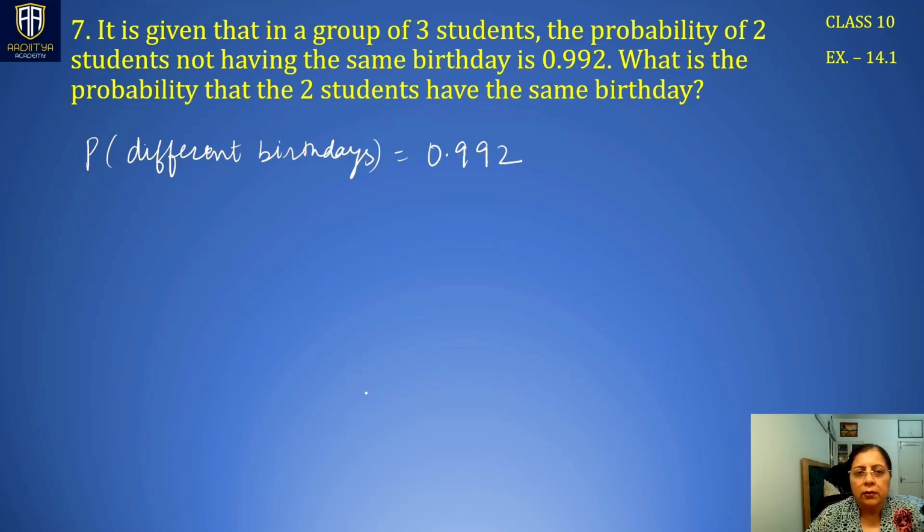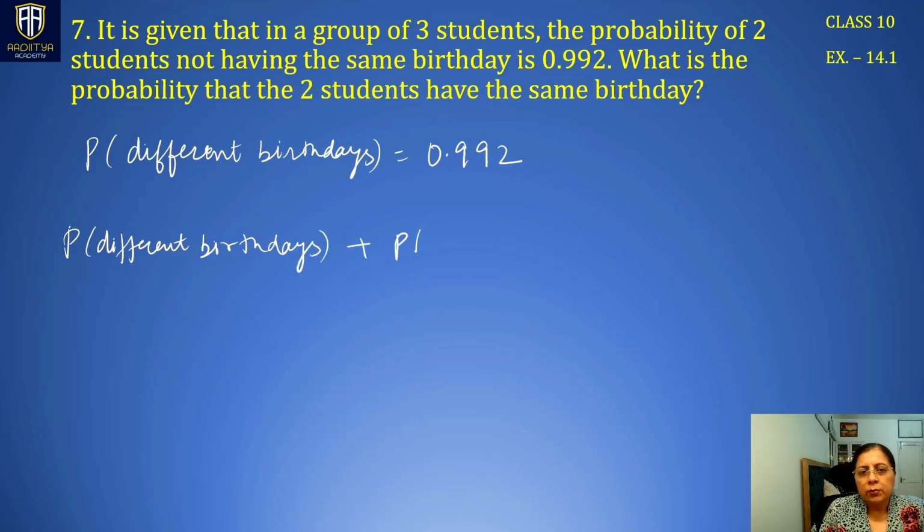Now here we have not been given the exact probabilities of having the same birthday for any 2 or random 2. So the different birthdays probability is 0.992. You can see that the probability of different birthdays and same birthdays are complementary events. We can have either of the two.